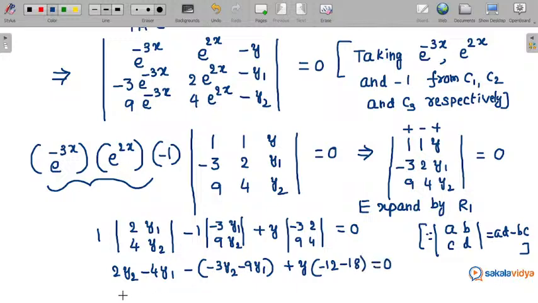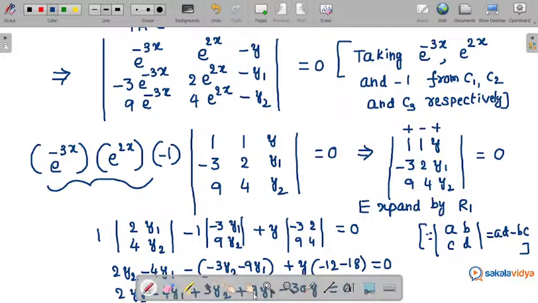Okay, let us simplify. 2y2 minus 4y1, negative into negative is positive, plus 3y2, negative into negative positive, 9y1. Here 18 plus 12 is 30, negative 30, so minus 30y equals 0. Further it can be simplified.